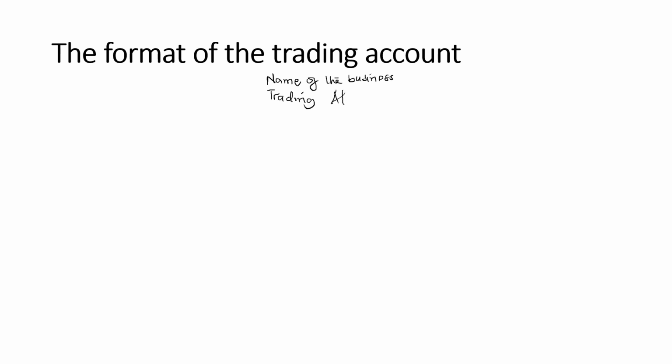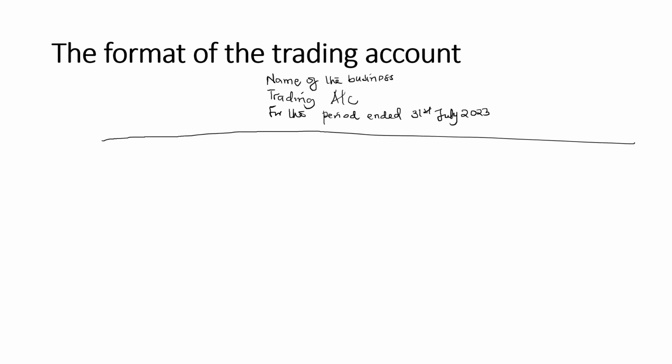Then when did the period end? For the period ended 31st of maybe July 2023. All these form parts of the title. Then you underline that. Then it is an account, it must have the T-shape.